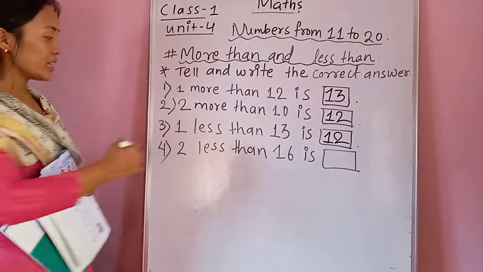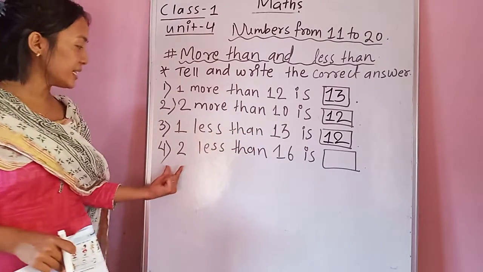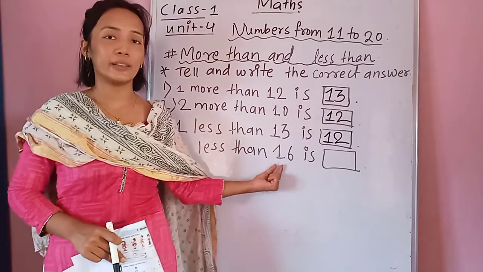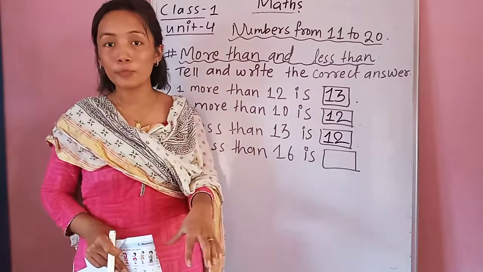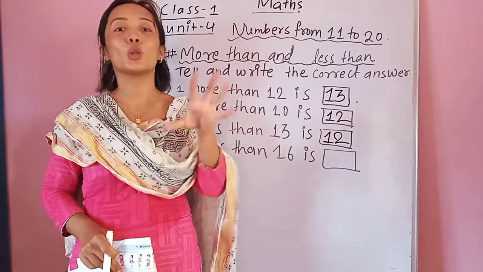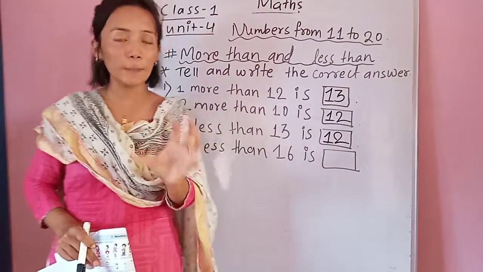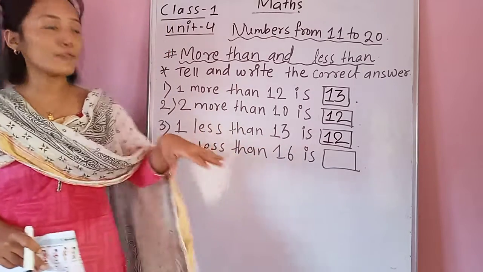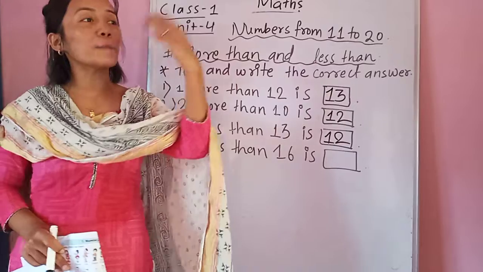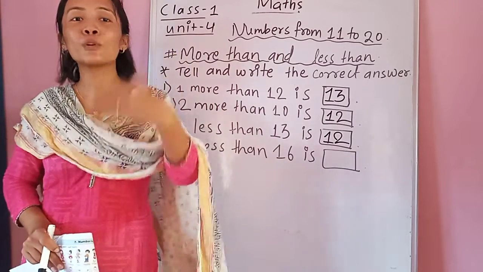After that, here is written 2 less than. In the previous question there was 1 less than 13. But here in this question there is 2 less than 16. Suppose you have 16 rose flowers. तिमीसँग 16 वटा rows को फूल छ. Among those 16 flowers, suppose you have given 2 roses to your friends.